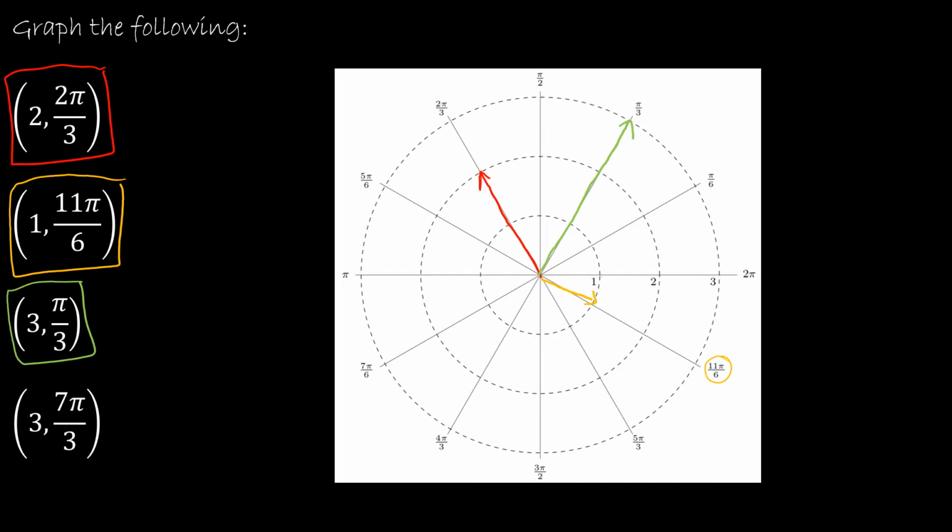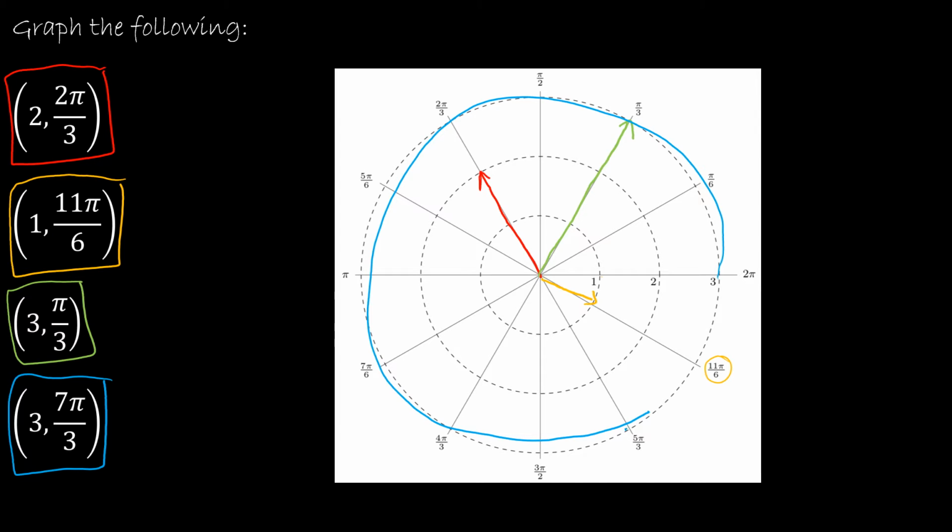And for the last one, I have 3 comma 7 pi over 3. So 3 is here, and then if I go all the way around, this is 5 pi over 3, this is 6 pi over 3, this is 7 pi over 3. So this is the exact same.